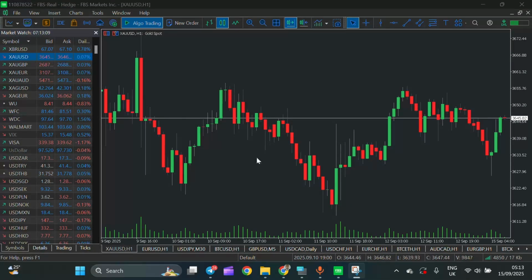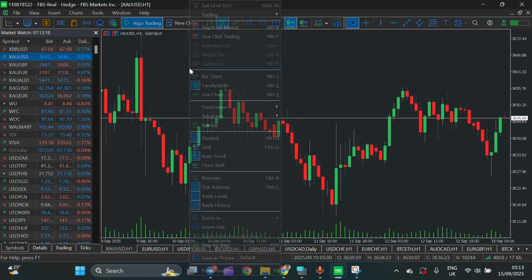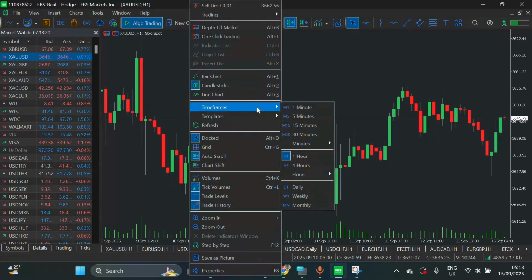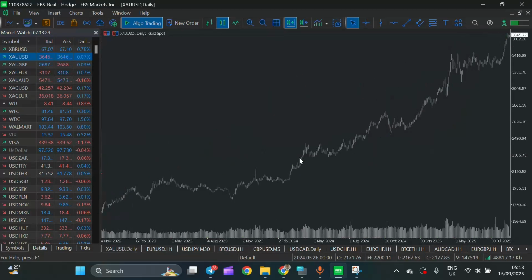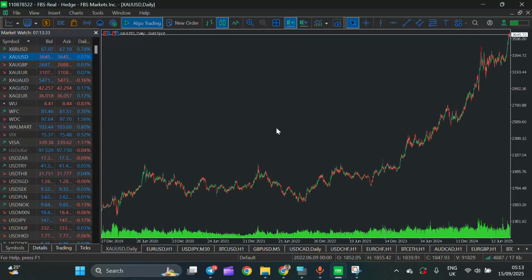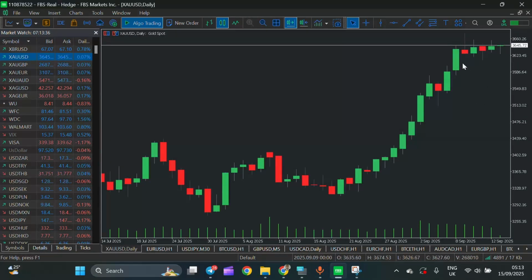Looking at this right now, remember that we analyzed gold the last time. That was the 12th of September, and now we're looking at the 15th, starting from here. We're going to check D1 again, as we normally do, the daily time frame. As we initially had it, it has been going bullish. And at this section, you're seeing sideways consolidation.